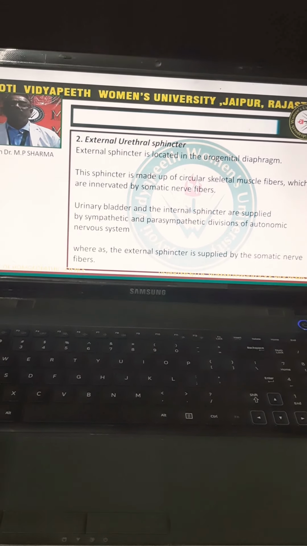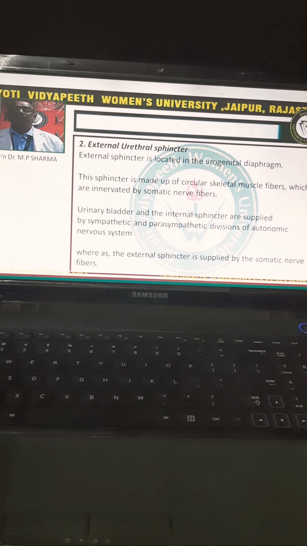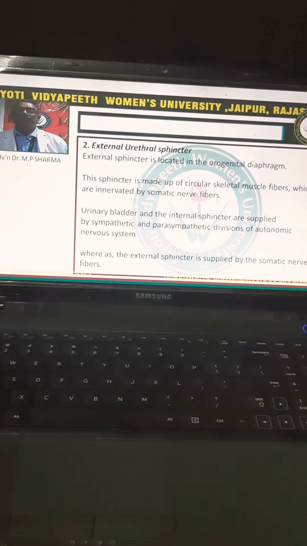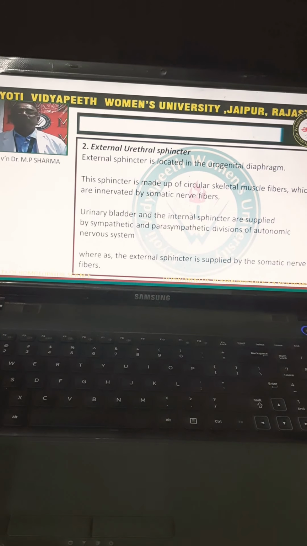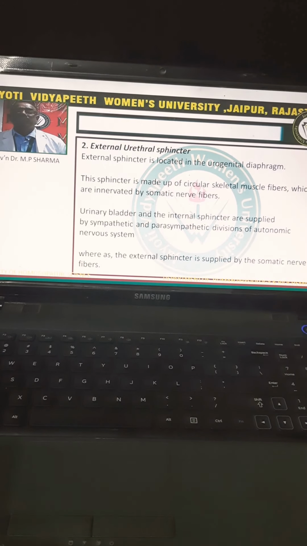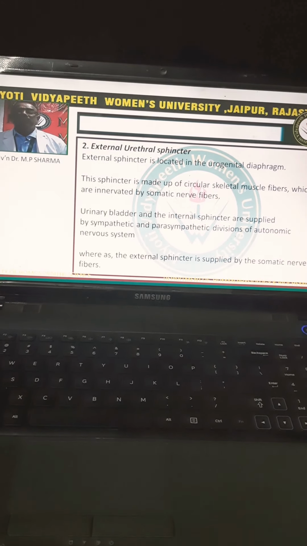Second, external urethral sphincter is located in the urogenital diaphragm and this sphincter is made up of circular skeletal muscle fibers which are innervated by somatic nerve fibers.